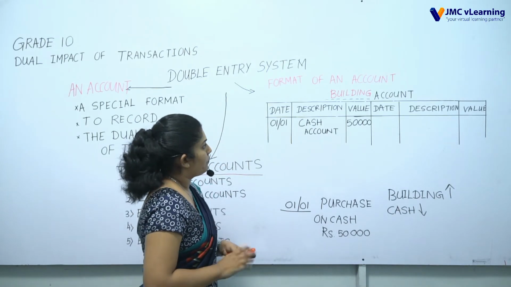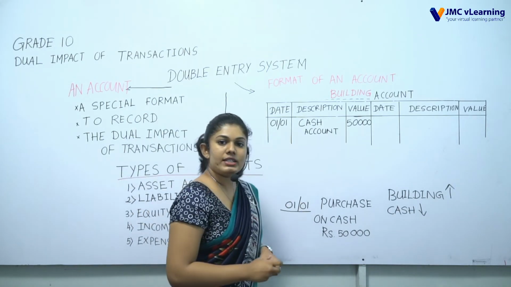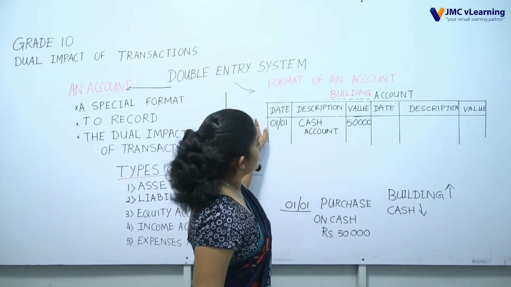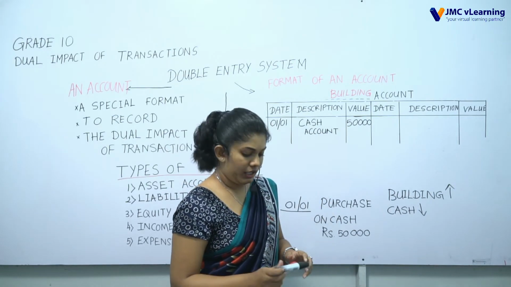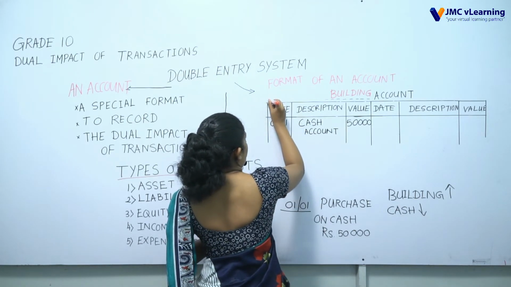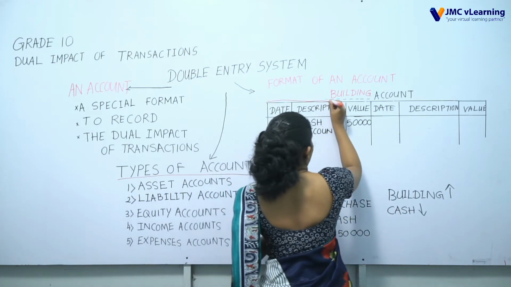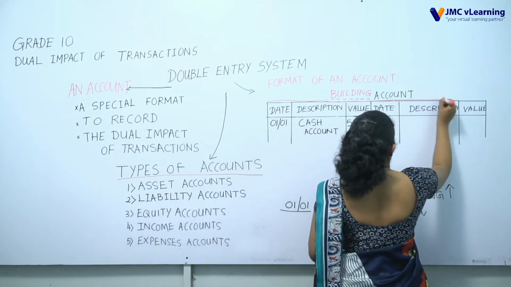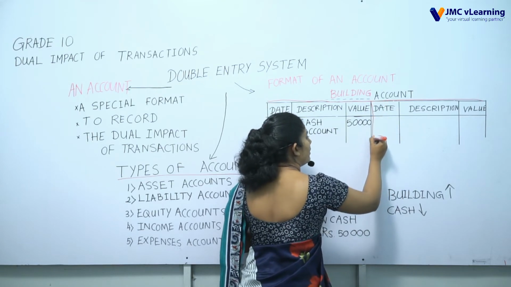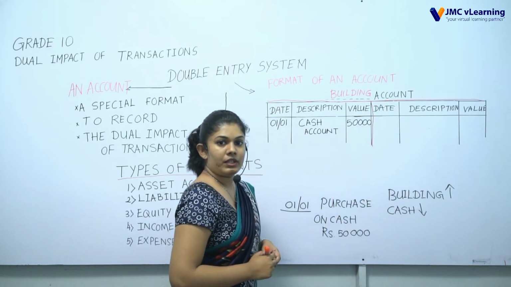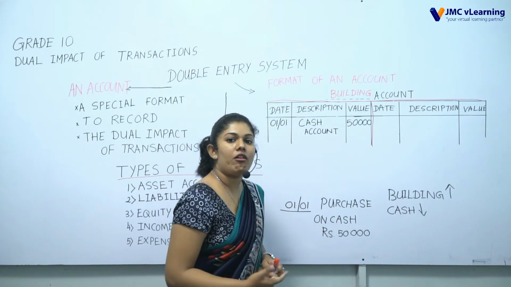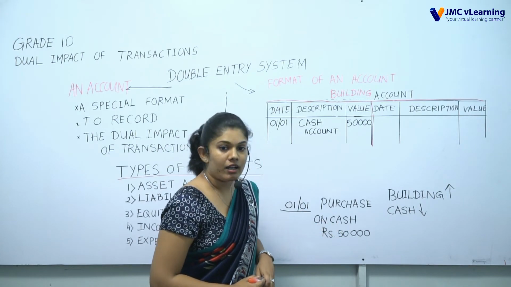You can see there are two sides of this account, and there is a T shape hidden in this account like this. When you go like this, this is the two sides, and this is the line that separates the middle. Because of this T shape, we also call these accounts T accounts.